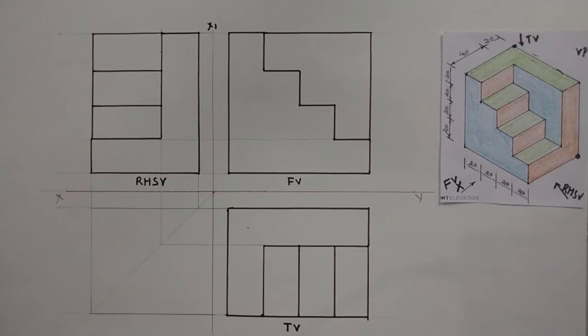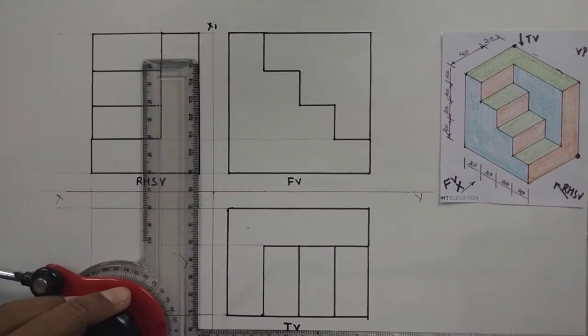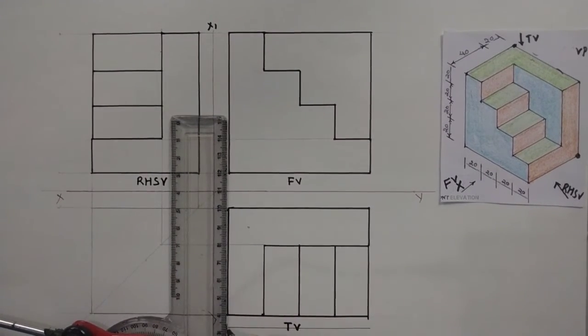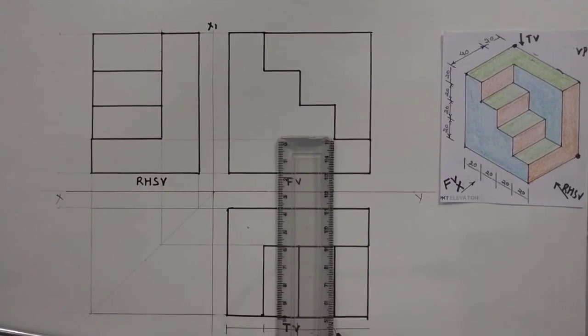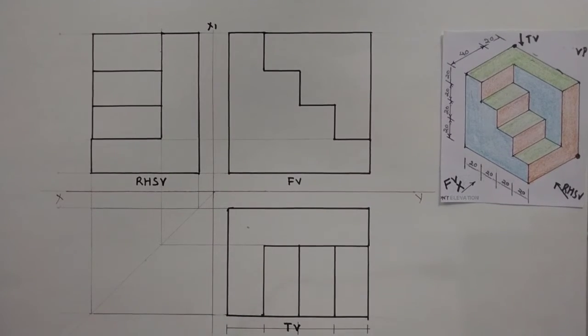Now show your dimensioning. First I show my dimensioning in the top view. First I create the line, then I take small intervals, breaking the entire length here. All intervals are 20 mm.